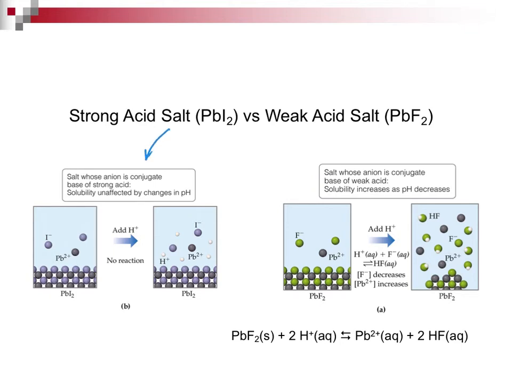Strong acid, PbI2 comes from HI. Weak acid, PbF2 comes from HF. In your text, they show a picture where there is absolutely no reaction.